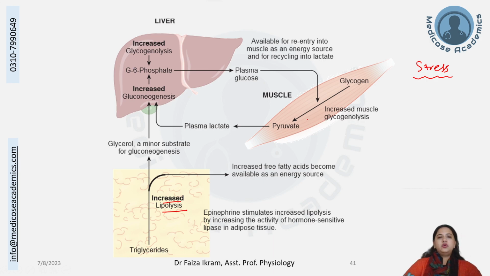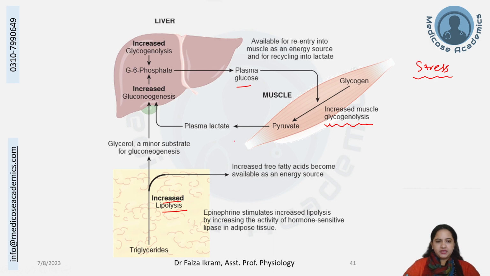It will lead to increased muscle glycogenolysis. This is something which cortisol had not done, epinephrine is doing. The stored glycogen is catabolized to form plasma glucose indirectly with the help of liver, of course. That's your biochemistry knowledge.